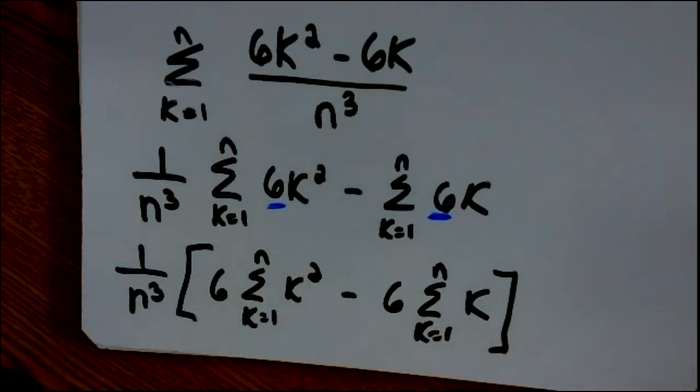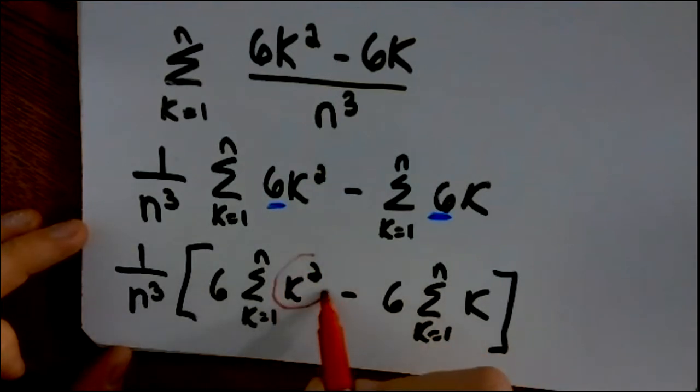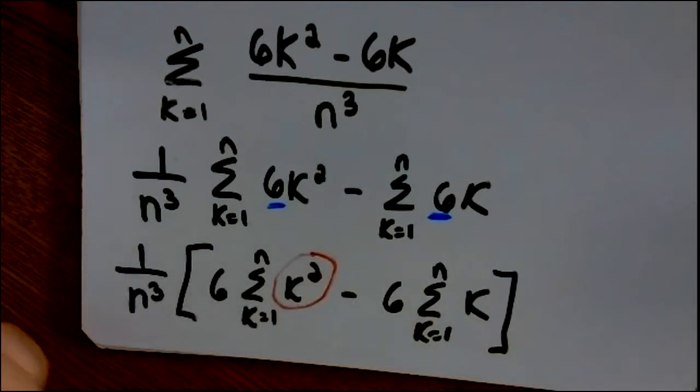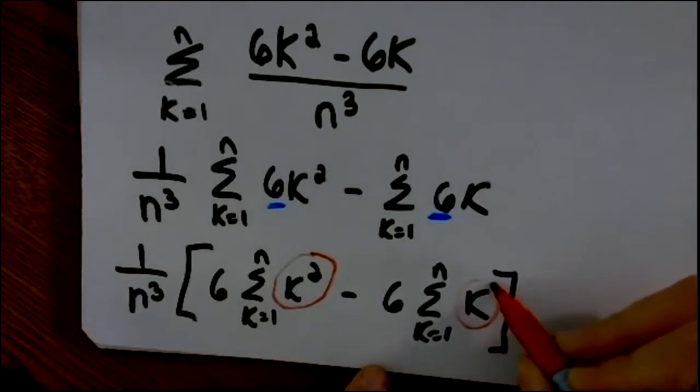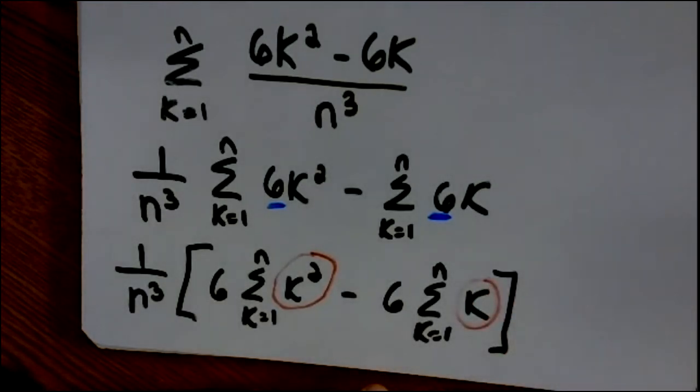So from this point, I can start using my formulas because I have a formula for a squared term. In the formula sheet, it said i squared. I have k squared. And I also have a formula for k, or in the formula sheet, i. So now when I break this up, I need to break it up into individual pieces.